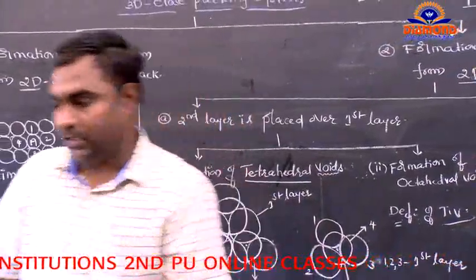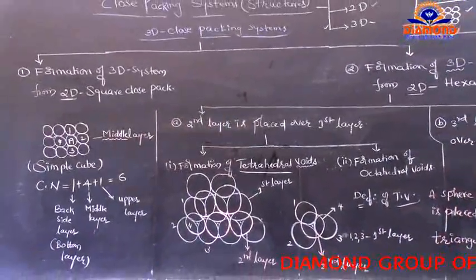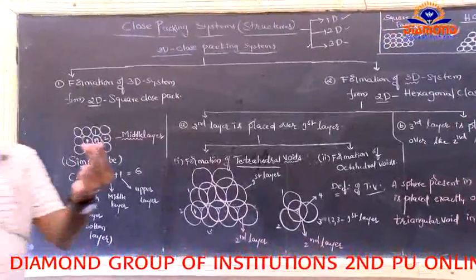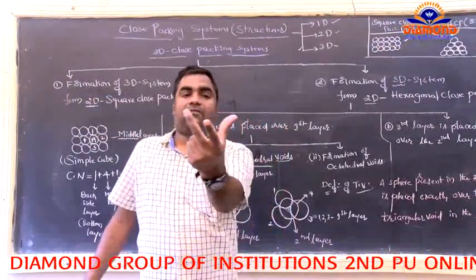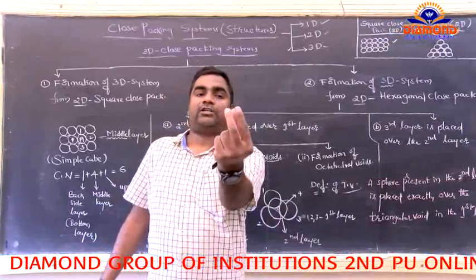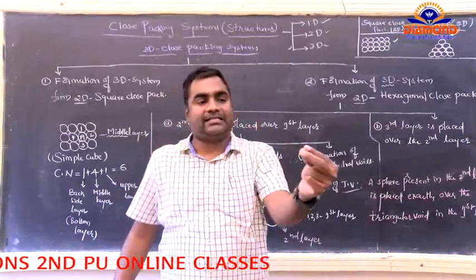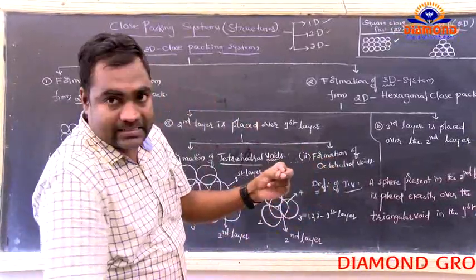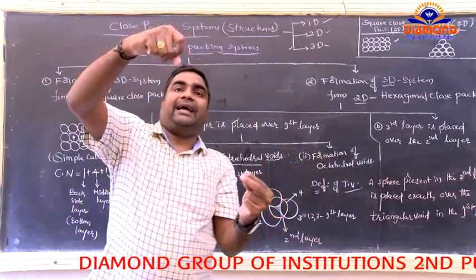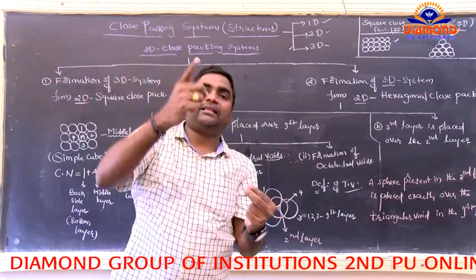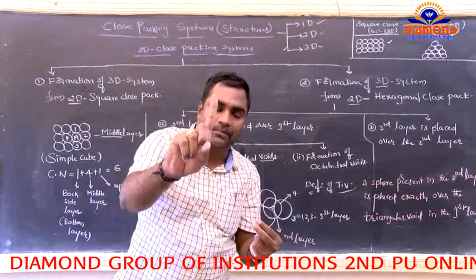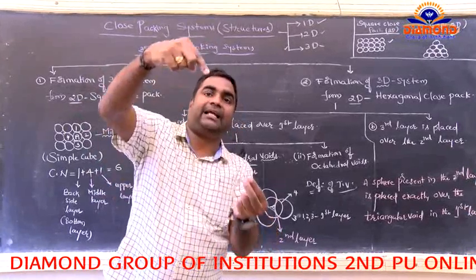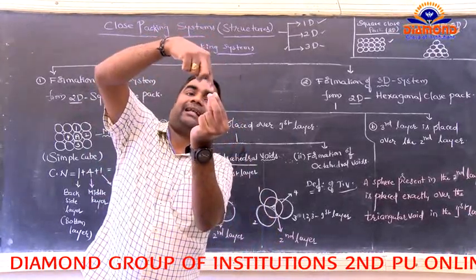So simply recall: suppose here are three atoms, the first atom, second atom and third atom. By combining these three atoms we get the empty space. Here an atom present in the second layer is placed exactly over here.